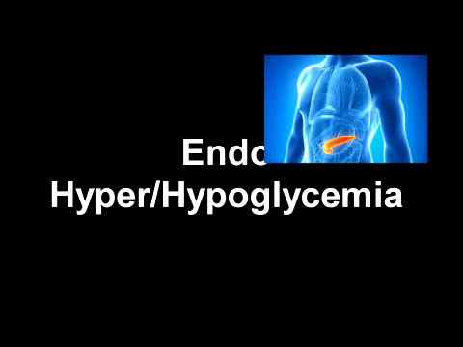The ones used most here are glyburide and glipizide. This is how they work: the sulfonylureas bind to the receptors on the beta cells, close the potassium channels and open the calcium channels, and stimulate insulin release. The meglitinides are repaglinide and nateglinide.